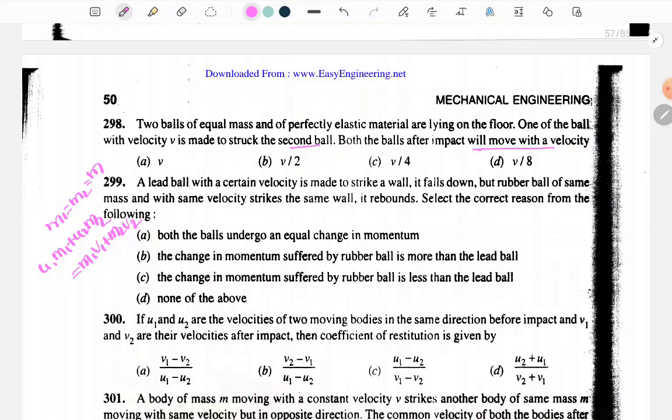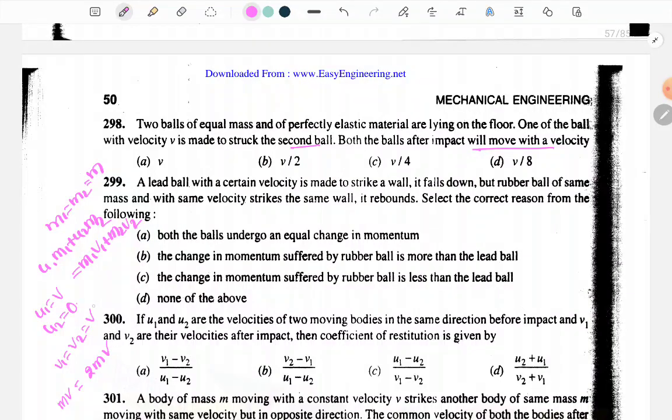Lying on the floor, one ball with a velocity v, so u1 is v, and it has to strike the second ball, and u2 is 0. Both the balls after impact will move with the same velocity, v1 is equal to v2 is equal to some v. Then substitute these values. mv is equal to v is common, so v will come outside, 2 m v.